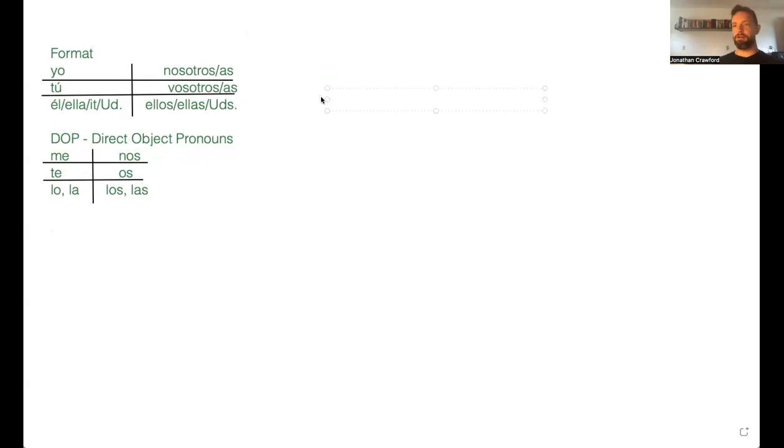So here's the issue. Every time we learn a new noun in Spanish, for example, la guitarra, you want to make sure that you get la in there because that way you know that the article is la. It's to know whether or not the noun is masculine or feminine.